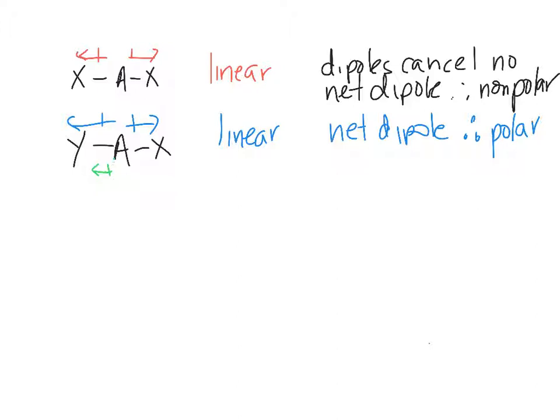Trigonal planar. So all these bond angles are 120. Let's say A is more electronegative.